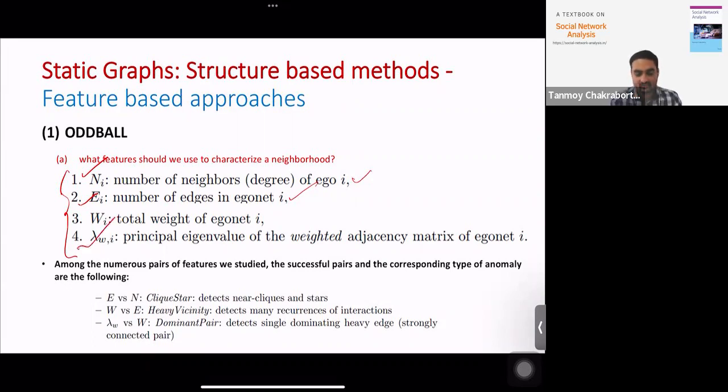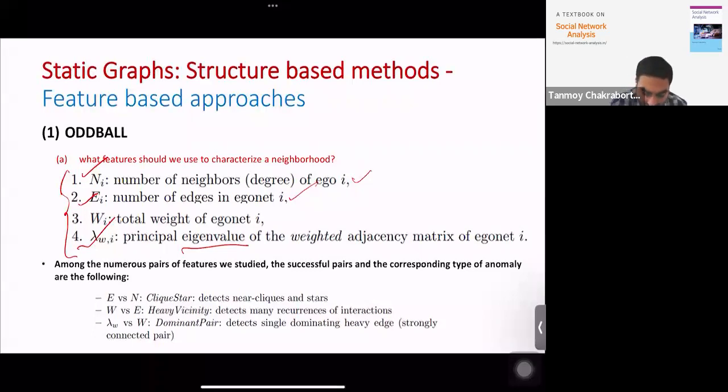And this lambda_w,i is the principal eigenvalue of the weighted adjacency matrix of the egonet i. So you have the ego network structure, you get the weighted adjacency matrix, then you do eigen decomposition, eigenvalue and eigenvector calculation, and you identify the principal, largest eigenvalue and the corresponding principal eigenvector. That principal eigenvalue would be used as another proxy for detecting this.